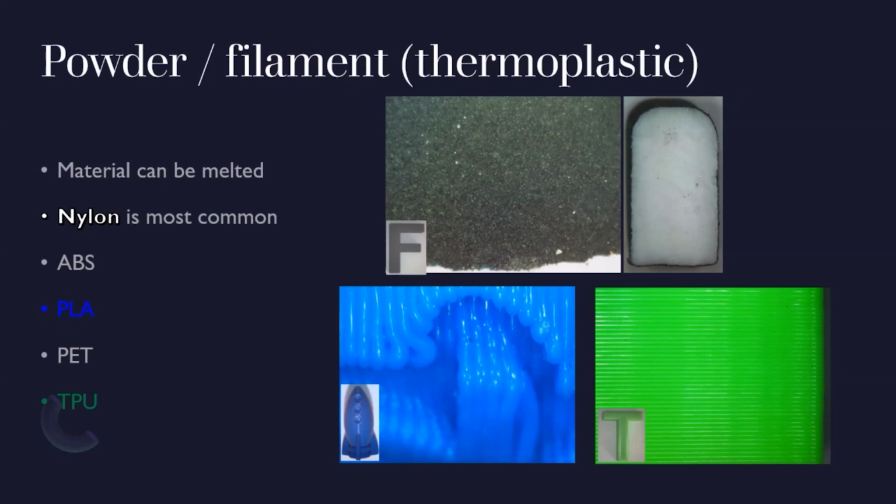Nylon is the most common because it has better mechanical properties, such as being able to resist abrasion and relative flexibility. It is also relatively stable under museum conditions particularly.